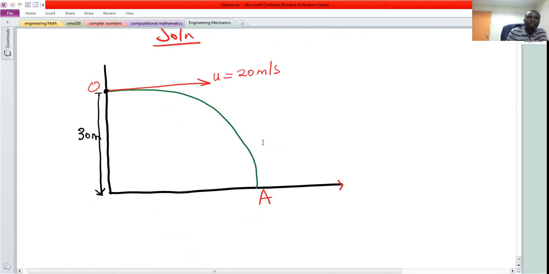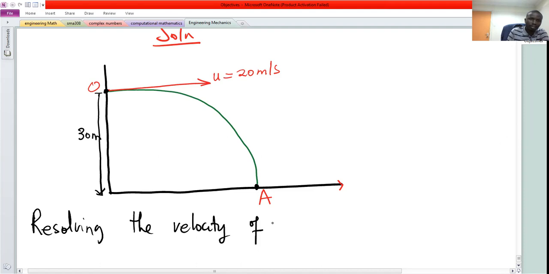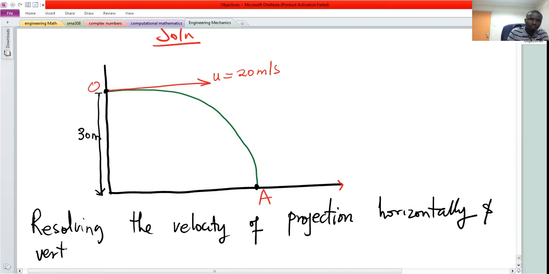So the time the ball reaches point A. We're interested in finding the time taken for the ball to reach point A. So as usual, we start by resolving the velocity of projection, both in the horizontal and the vertical direction.